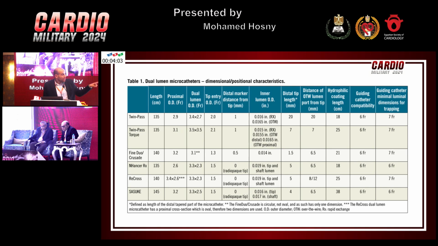Here in this graph, I'd like to say that all of them are compatible with 6 French guiding catheters, but if we want to remove it by the trapping technique, we should use the 7 French guiding catheter, except for the Fine Cross and the Enhancer, which can be done with 6 French by trapping technique.